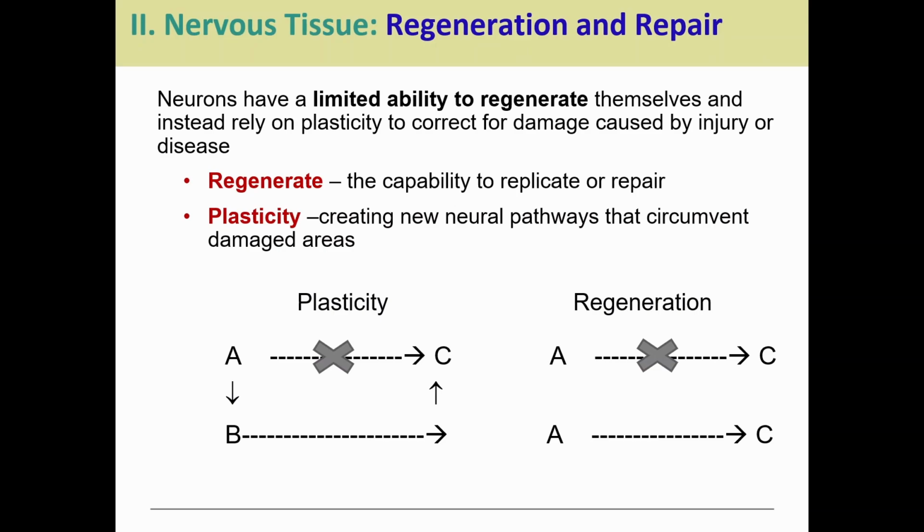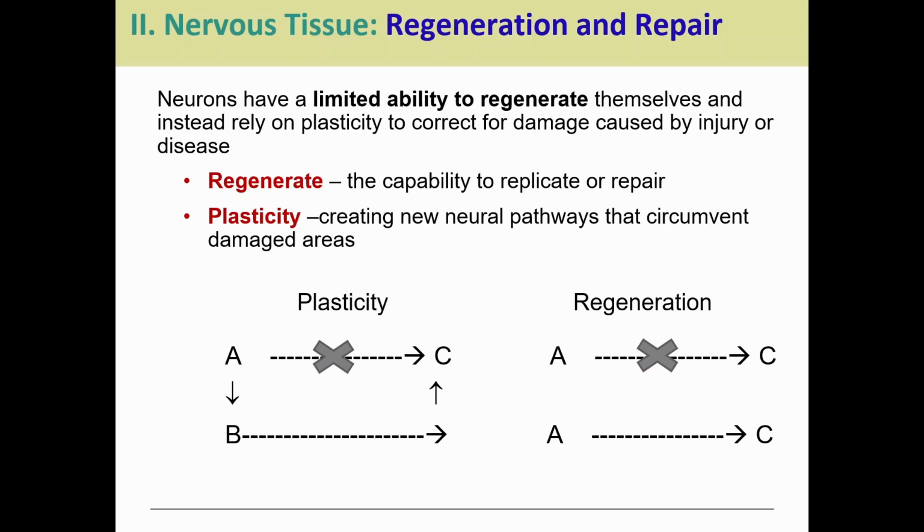Now, when it comes to neurons, neurons are a little different from a lot of other tissues we have. They cannot necessarily easily regenerate. Some can, but most, especially in the central nervous system, cannot. And so instead of relying on regeneration, we rely on plasticity. Now you may be asking, well, what's the difference? Regeneration means you're replicating or repairing.